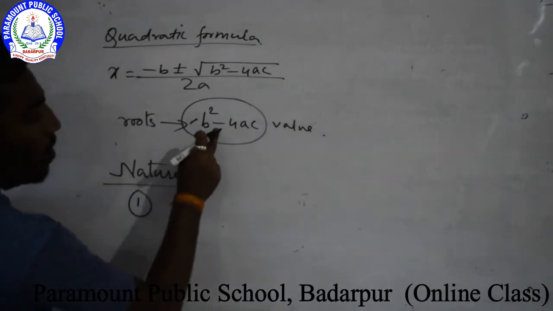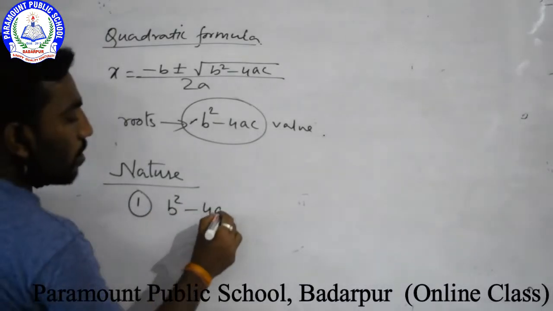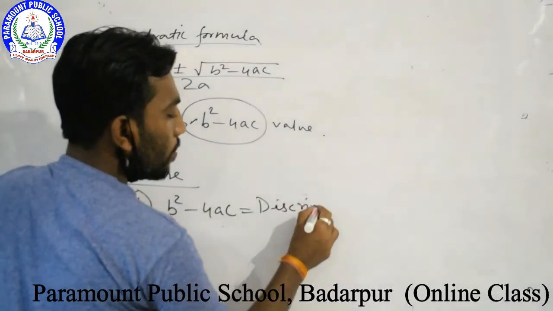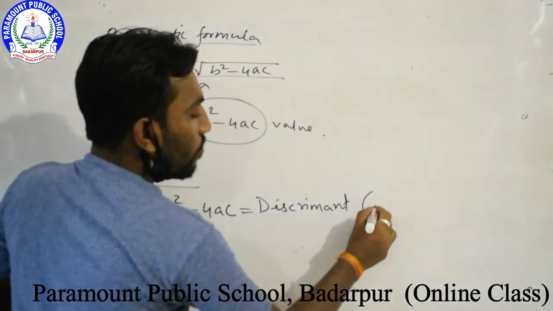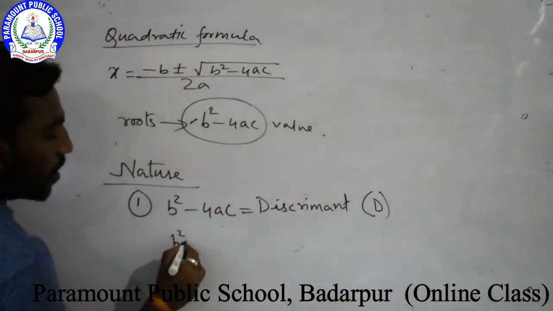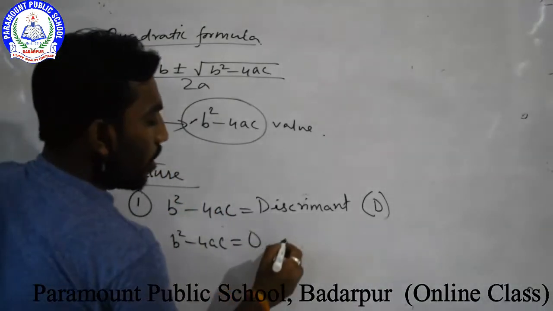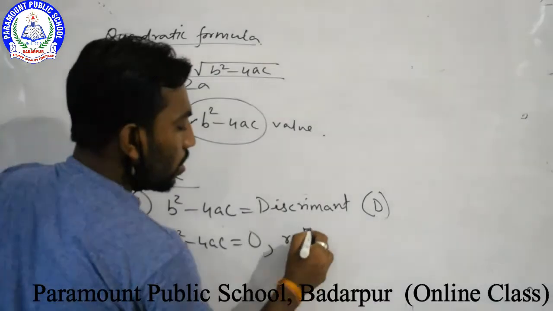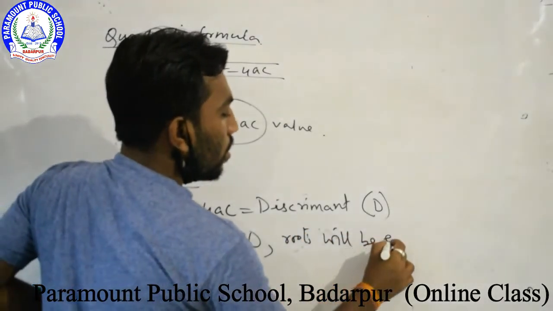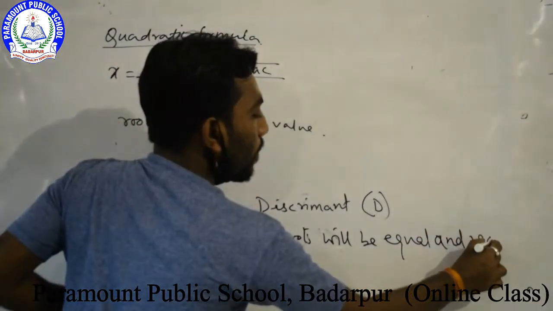First, when b square minus 4ac, this is nothing but called as discriminant. In short, we can write it as D. So if b square minus 4ac is equal to 0, our nature of the roots will be equal and real.